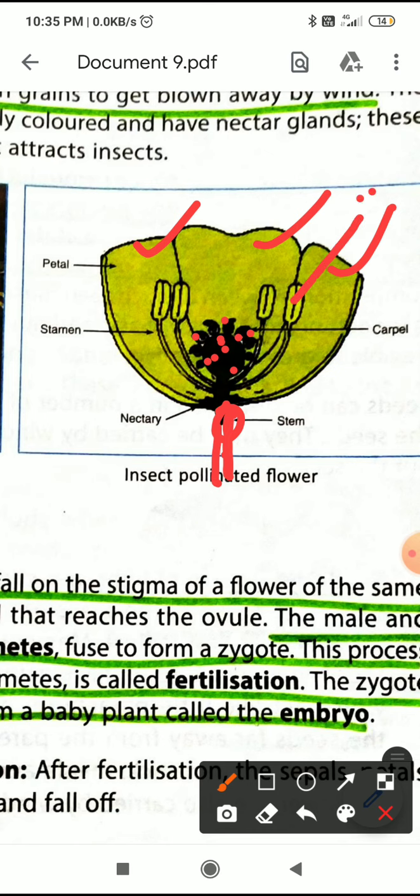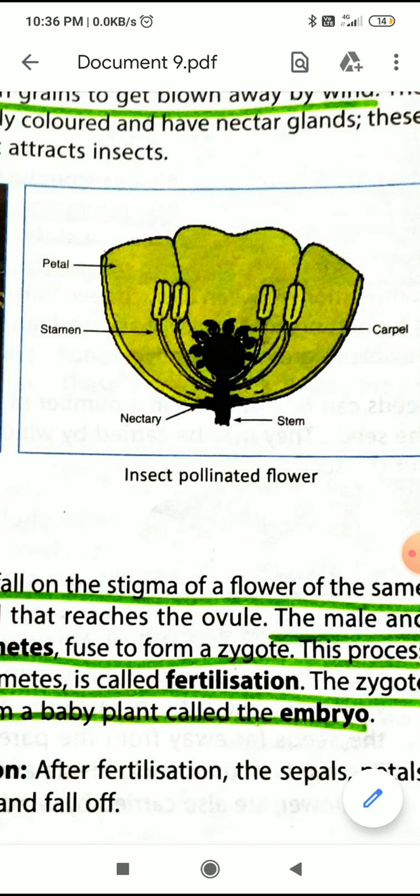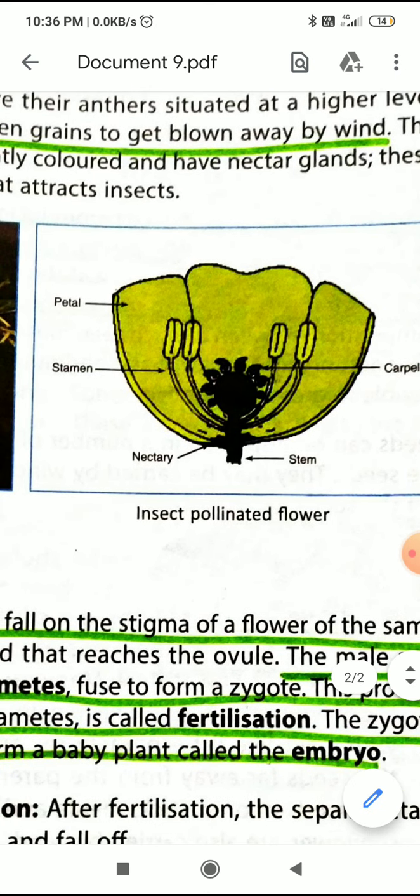This anther is producing what? The pollen grains. Nectary. Here is nectar, because in nectar some juice is present, and if the bird or the insect sits on this flower, they suck the nectar, suck the juice of the nectar. Clear?